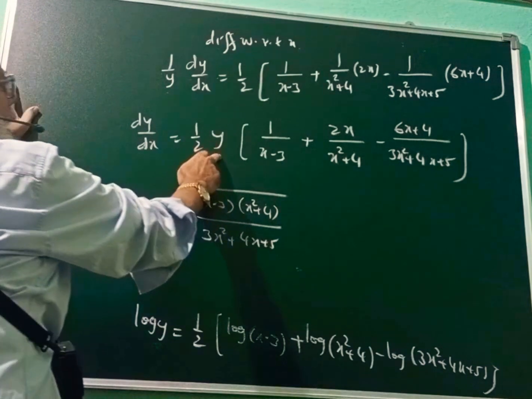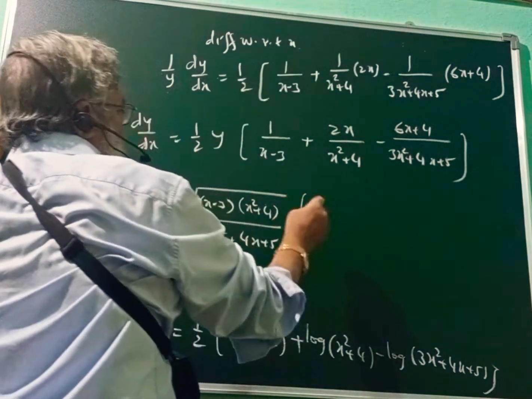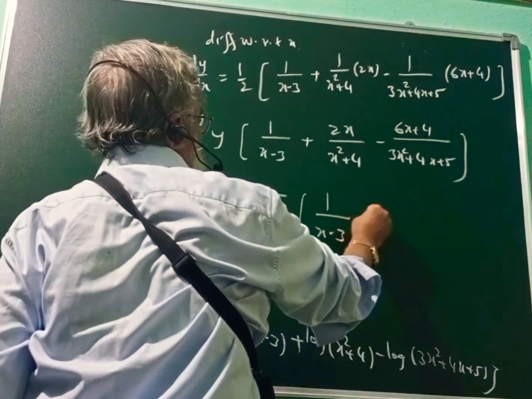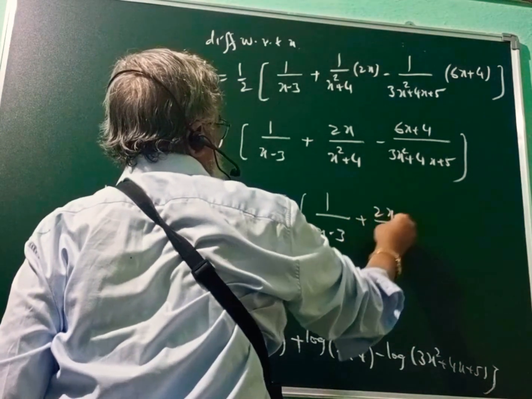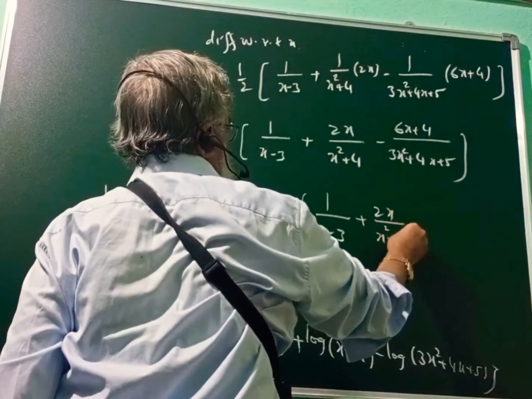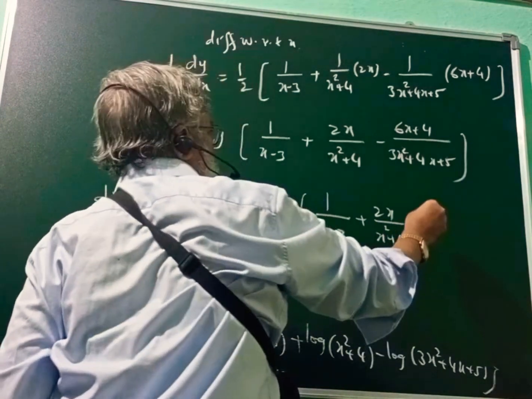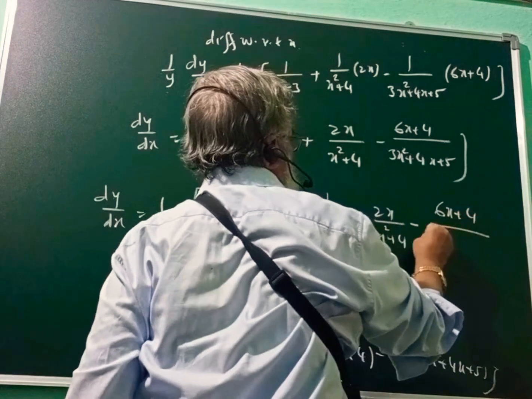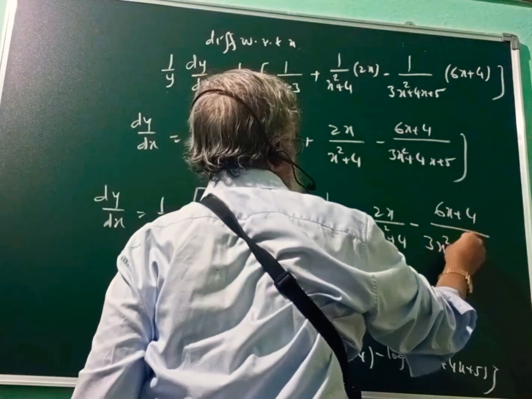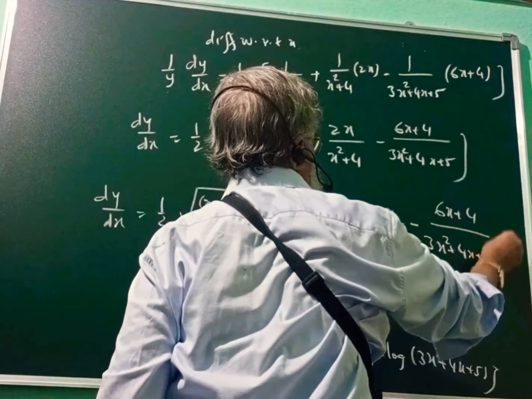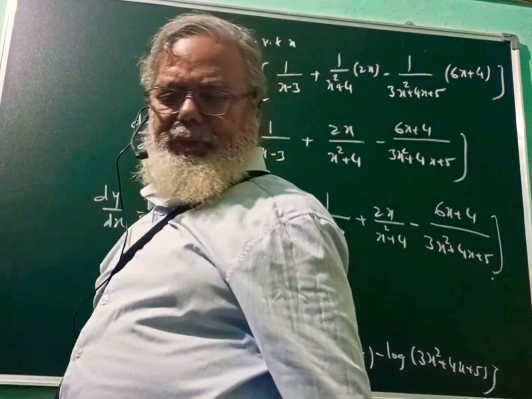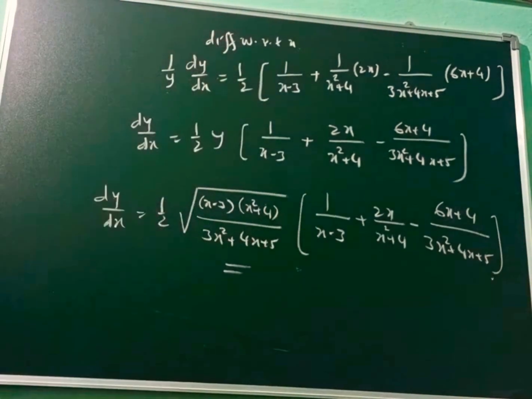This is the value of y here, into the solution: 1 by x minus 3 plus 2x by x square plus 4 minus 6x plus 4 divided by 3x square plus 4x plus 5. That is the required value of the derivative.